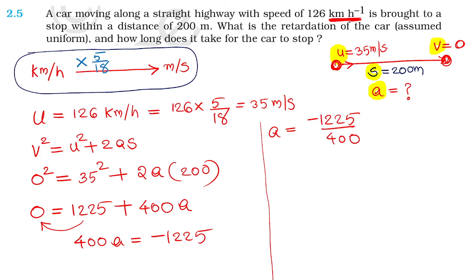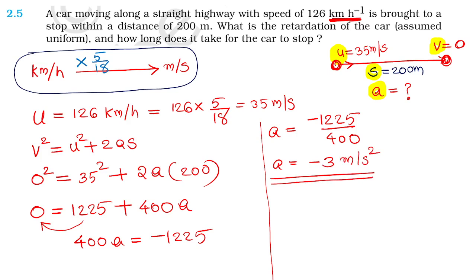So it will be equal to 3.06, approximately 3, no problem, approximately minus 3 meter per second square. Retardation means it is acceleration having negative sign, that's all.